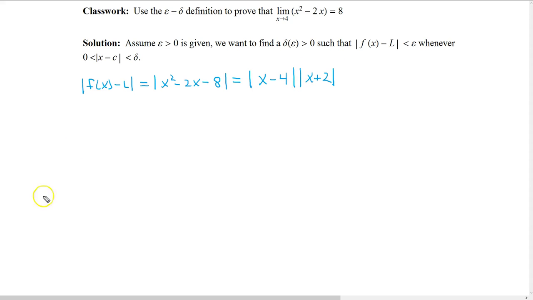And notice right here, that part is our x minus c, so that we want to keep, right? That 4 comes from right up there. And this other part we want to get rid of. We want to bound this by some number.